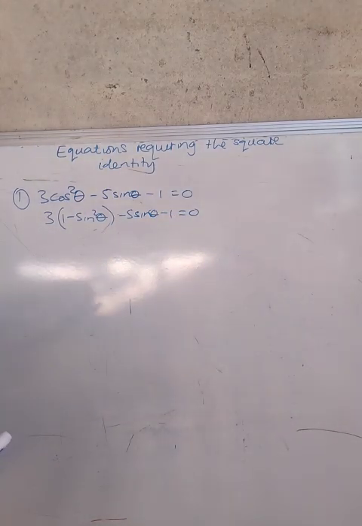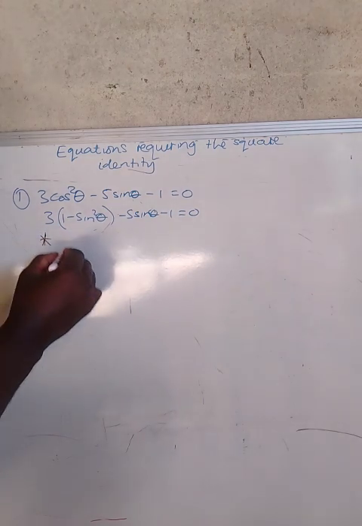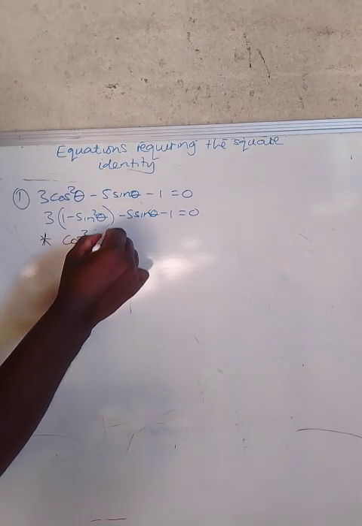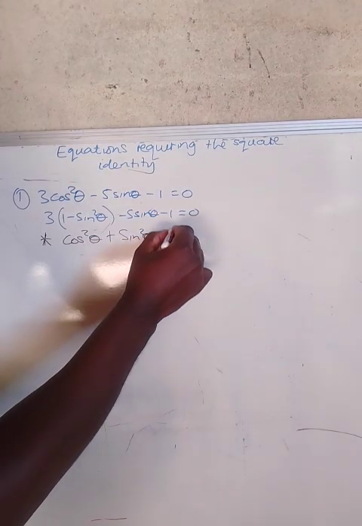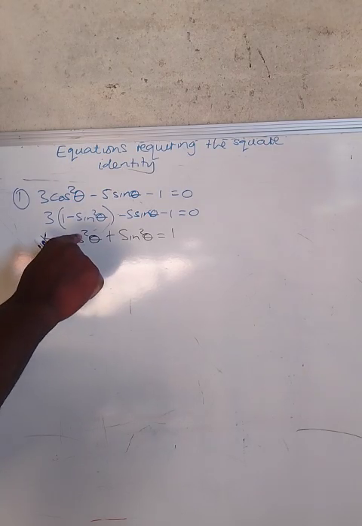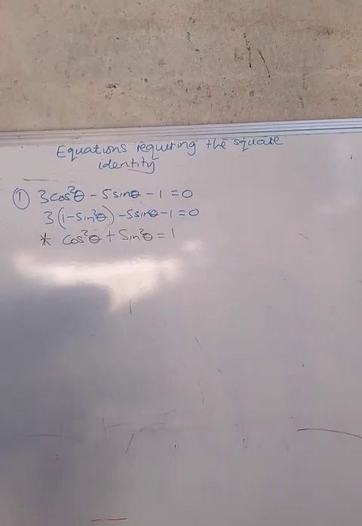Where did I get this? Remember, cos squared theta plus sine squared theta is equal to 1. So I only made cos squared theta the subject of the formula here.